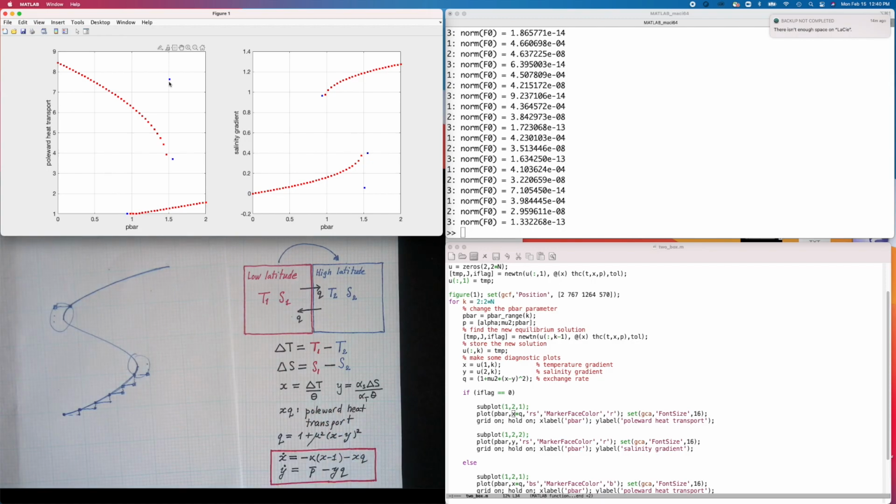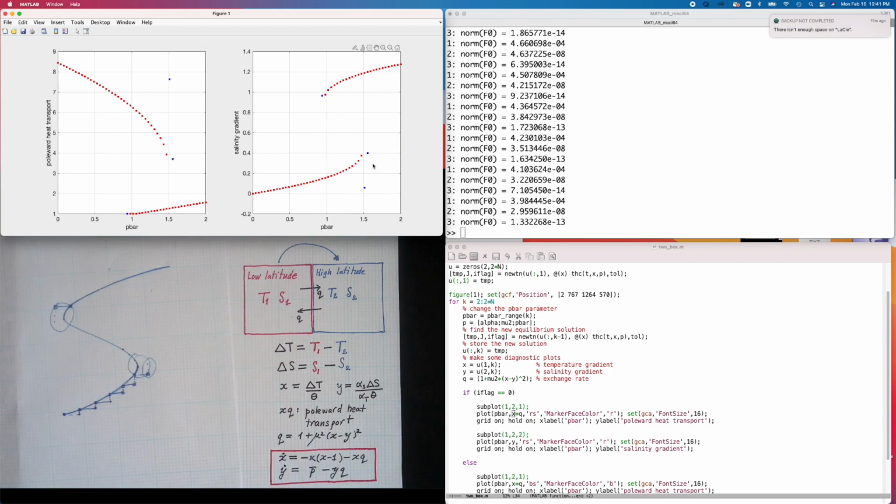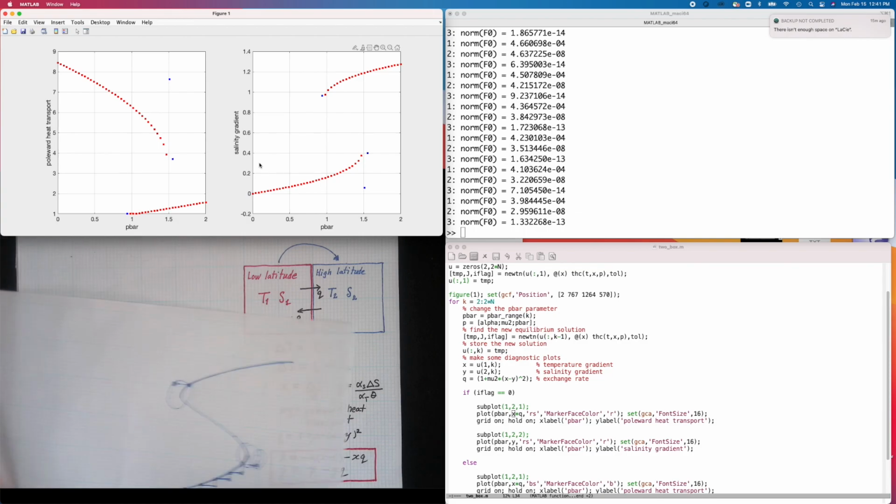And so we want to avoid these cases where the method stops converging and have a way to keep tracing the points along the branch, which we can never see over here. Somewhere in here, there's a branch of solutions which we were not able to find. And the way we will do that is in 2 steps.